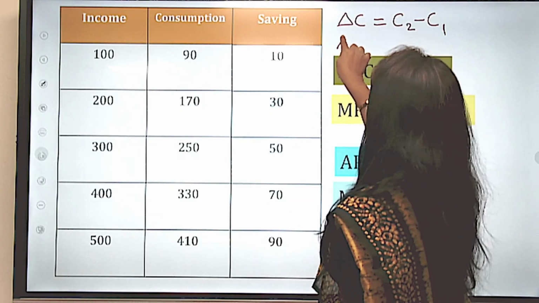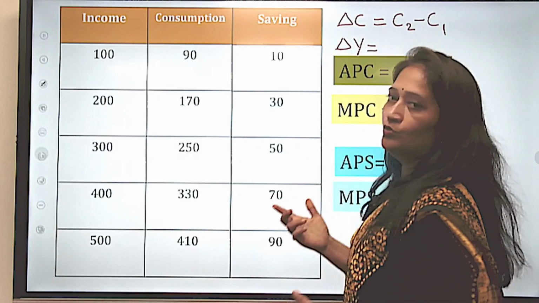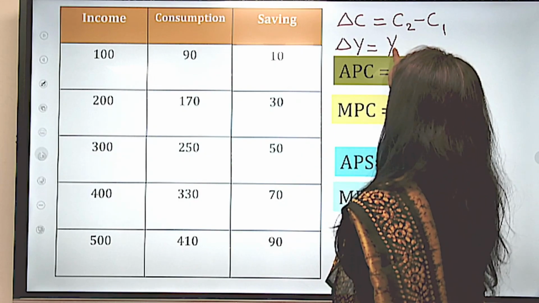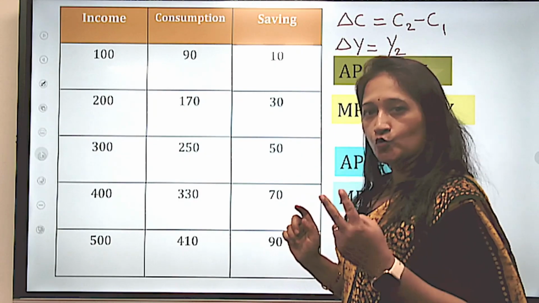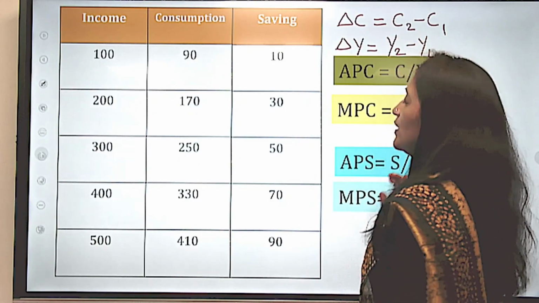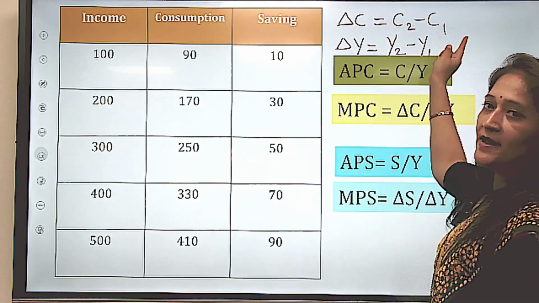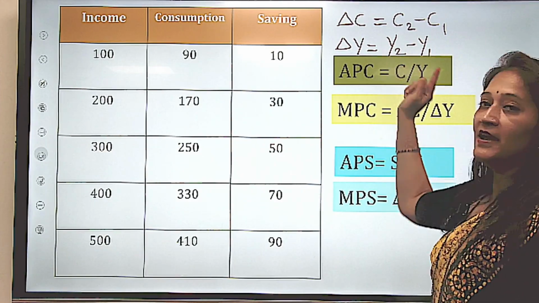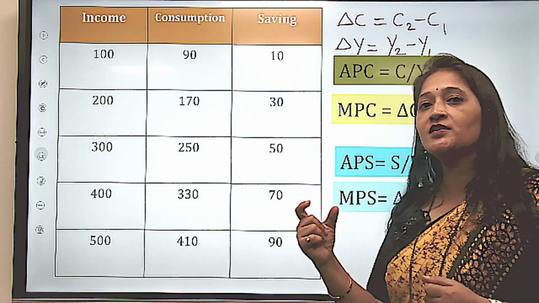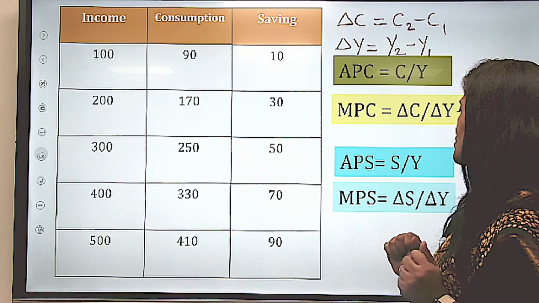The formula for calculating delta Y is similar to delta C: current income, let us say our current period is period 2, minus the last year's income, that is Y1. So we are going to use delta C as C2 minus C1 and delta Y as Y2 minus Y1. And this is how we can get the change in the income and consumption.